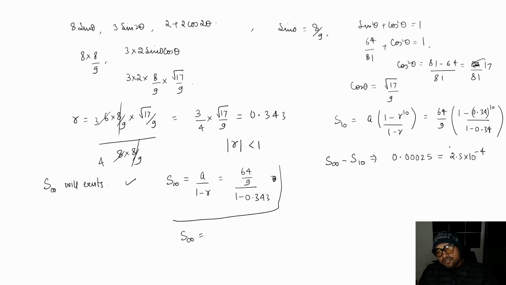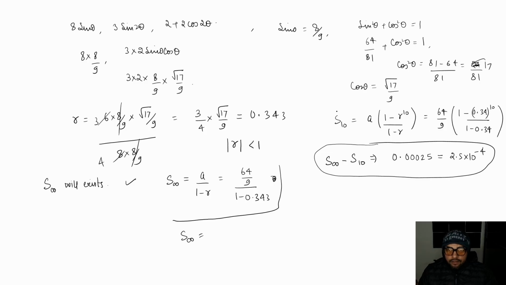Okay, this is the rough answer which I have calculated here. This is the sum of the 10 terms. This is for S infinity. In the question they have asked for S infinity negative of S10. So we need to subtract this value. We'll be taking the help of the calculator, and this is what we are getting.